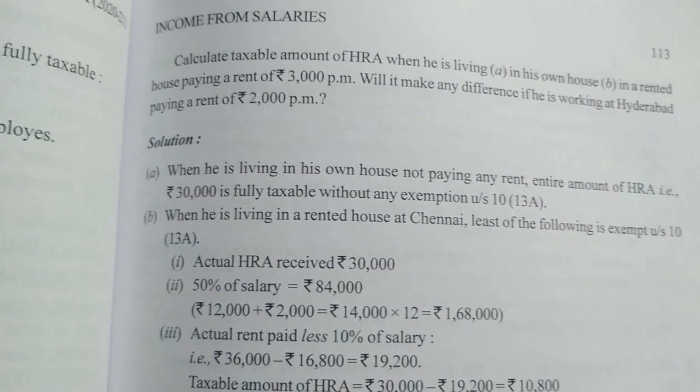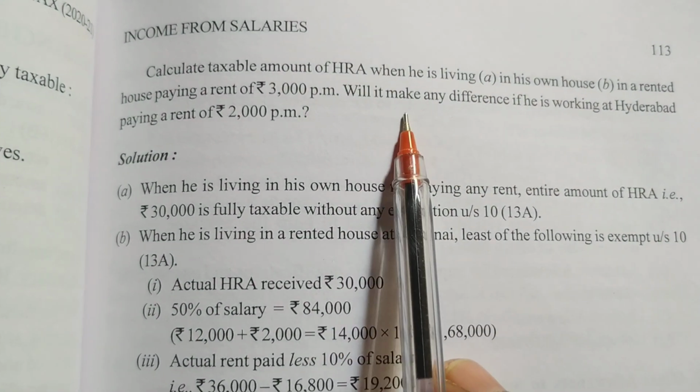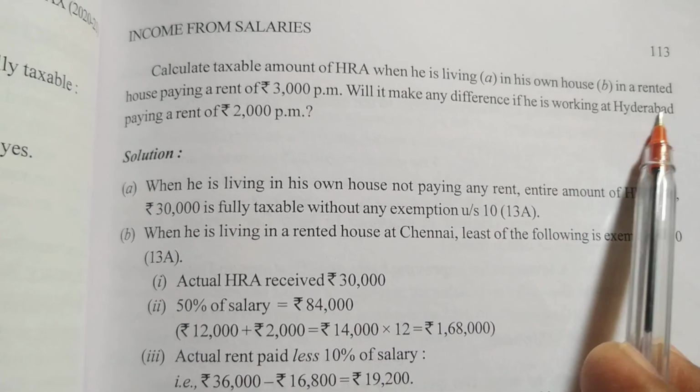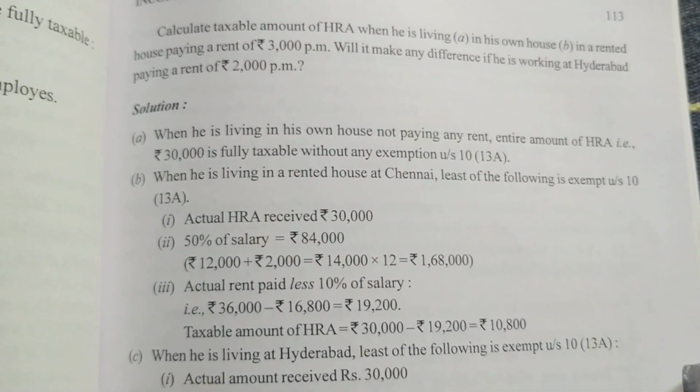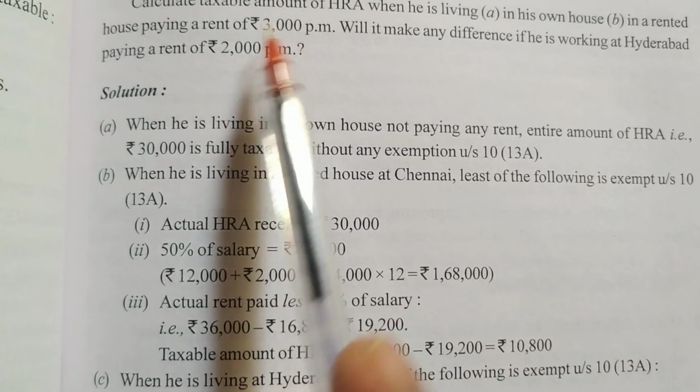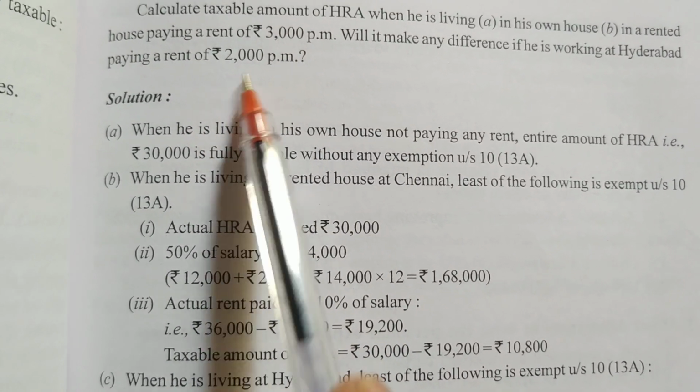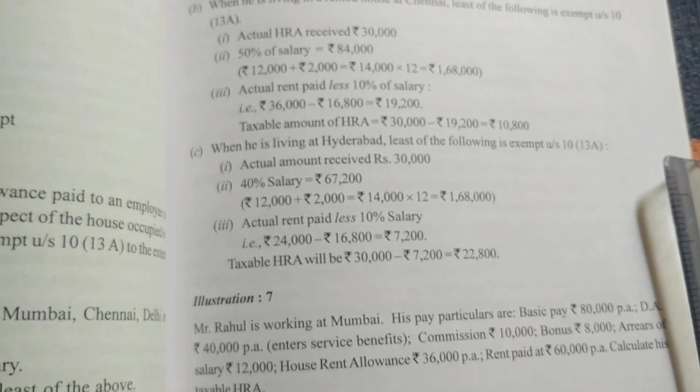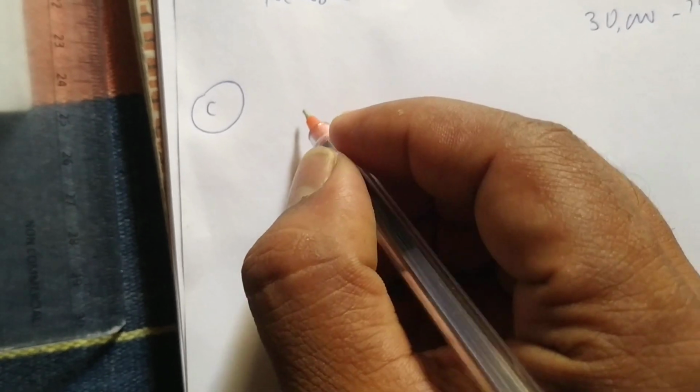Number 3 is saying: will it make any difference if he's staying in Hyderabad paying a rent of 2,000? Obviously, in Chennai he's staying and paying rent 3,000, and in Hyderabad he's staying and paying a rent of 2,000. Hyderabad is non-metro, so we have to take 40% of salary. So let's do part C now.